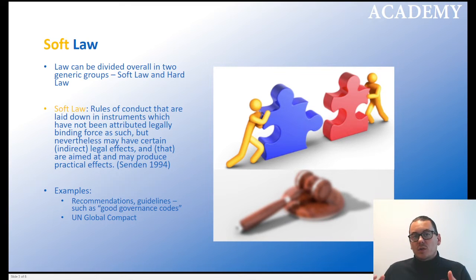It could also be the UN Global Compact, where you sign on to certain politically policy-driven agendas like anti-corruption. But in the end, no one will come after you if someone finds out that you did deal with a very corrupt state or something else, because there's no binding element to what you're signing up for.